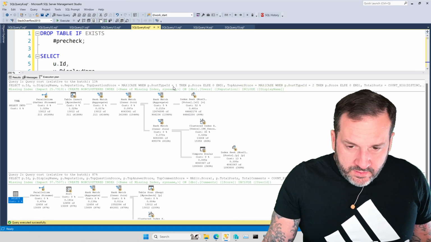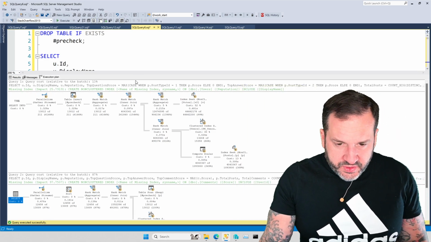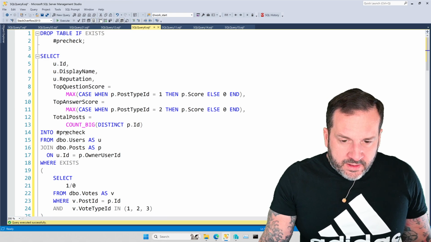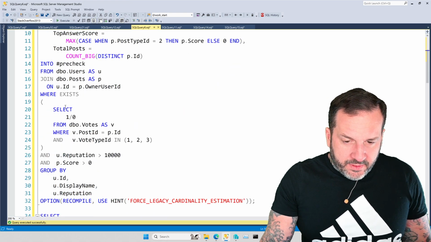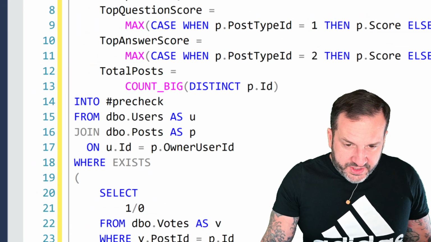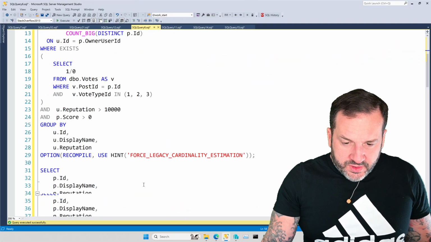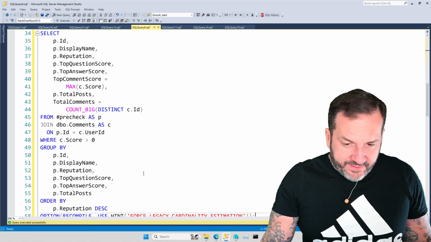So what I did was I took the initial join between the users table and posts table with the exists check on the votes table. I stuck that into a table called precheck, and then I went out and I joined off to the comments table afterwards.